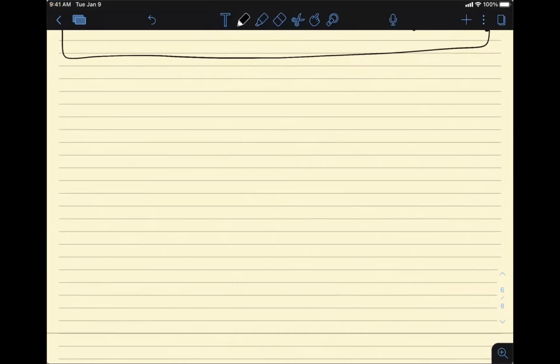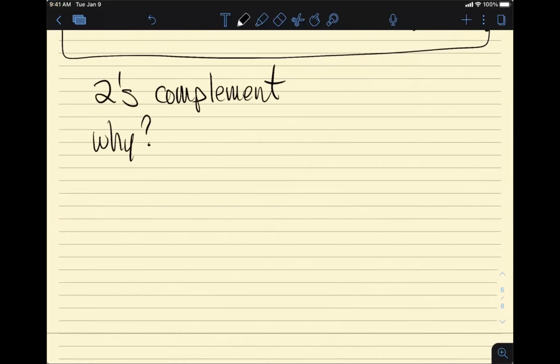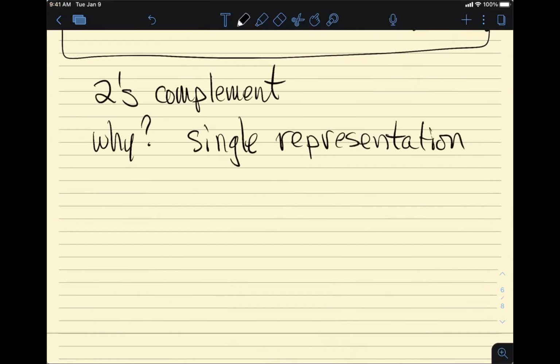Okay, so 2's complement. The reason to have it is so that you get a single representation of 0.